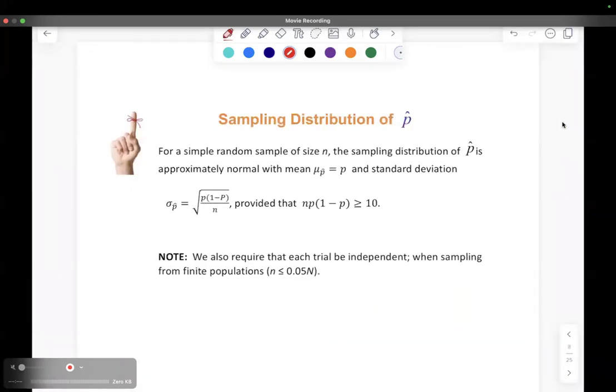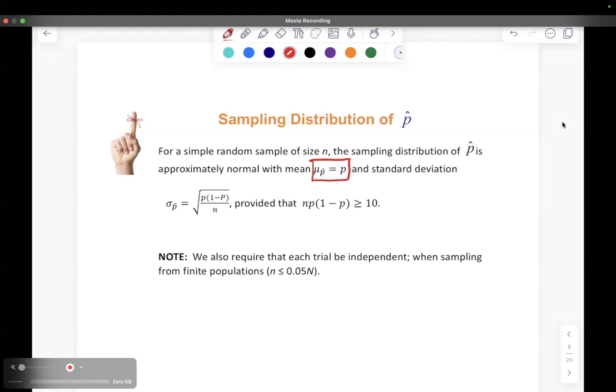Okay. So this is a reminder, from section 8.2, a carryover from 8.2. If our sample is approximately normal, then we're going to use the proportion that we have for our mean.